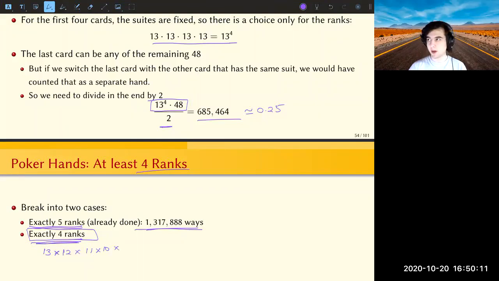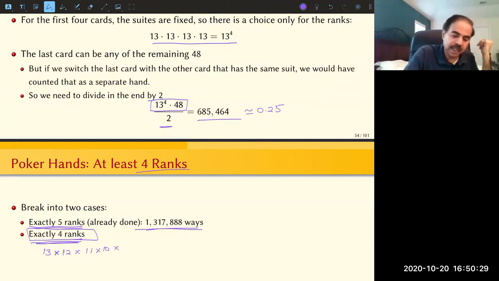And then for the last one, I think it was times 12, since for each of the ranks we chose, there's three other suits, and we also multiply by 4 to the 4th. Okay, so the point is that because we have exactly 4 ranks, the 5th one is going to have one of these ranks, right?